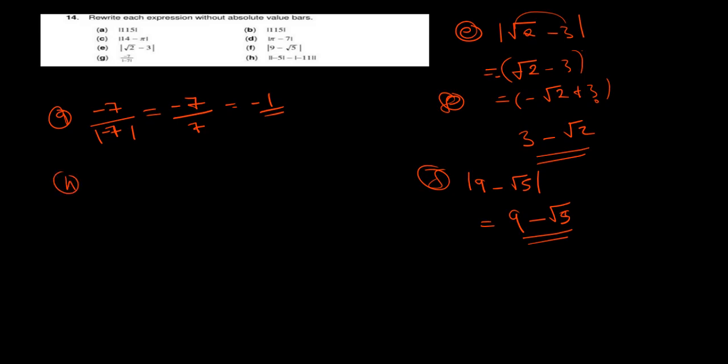So what about H? For H, there are two absolutes. Even if there are two absolutes, don't get confused. So there is -5 there, another absolute, minus, then there is -11 there, then this absolute, two of them.